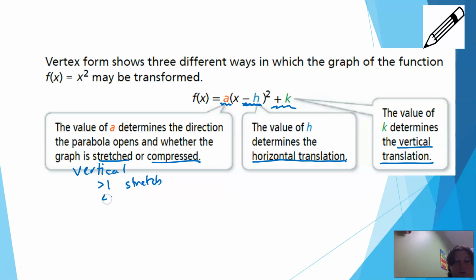And if it's less than 1, it's going to be a compression. And actually, I'm going to say if it's between 0 and 1, because as soon as a is negative, it's going to flip the graph. So we're going to think about that separately. It's going to actually flip it upside down.